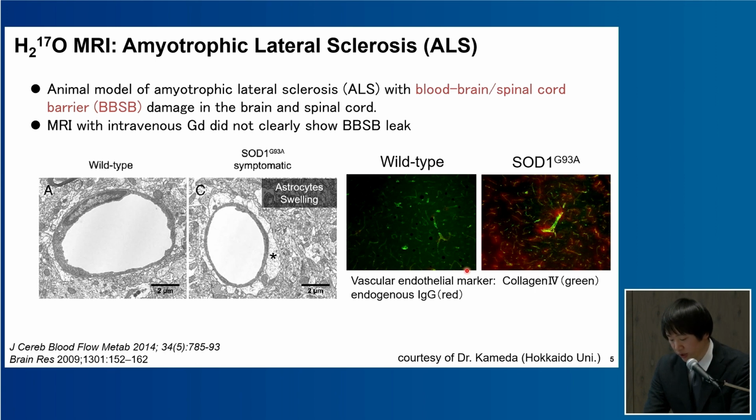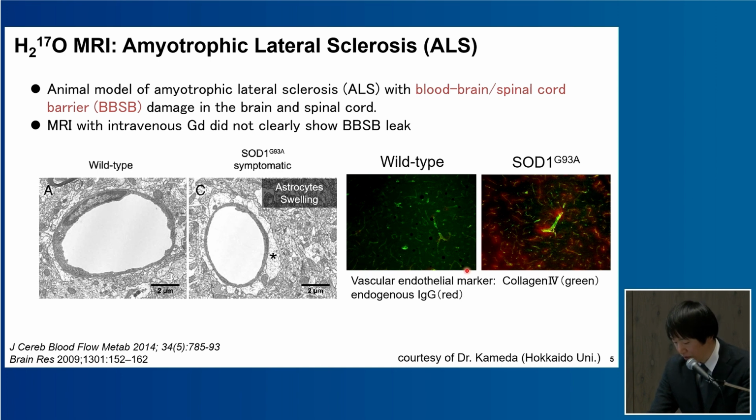In April last year, the FDA approved a new drug to inhibit the progression of ALS. This has increased the importance of early diagnosis. We therefore investigated the potential of using O17 MRI for early diagnosis of ALS.